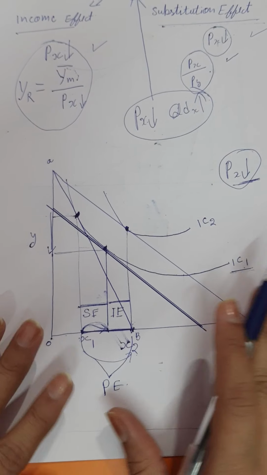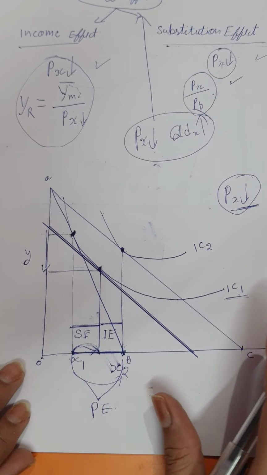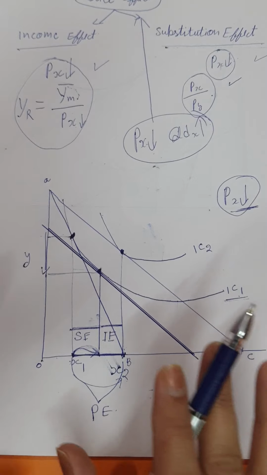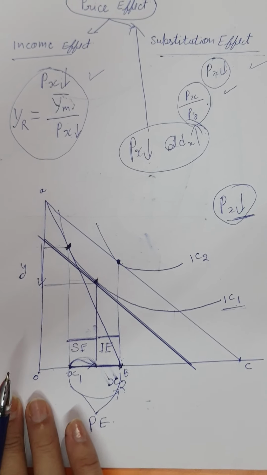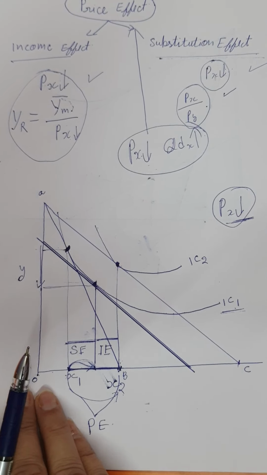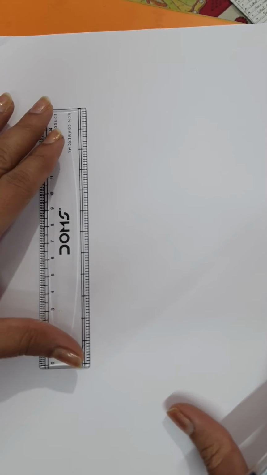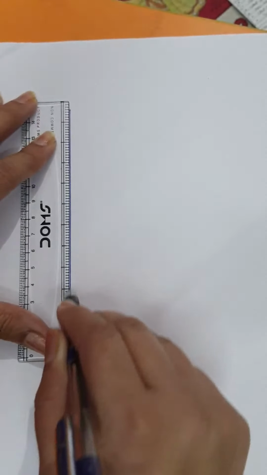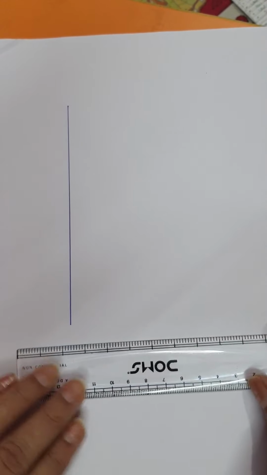Till now we were talking about whatever was told by Professor Hicks. So we were talking about what Hicks told us. Now next we will talk about the person Slutsky. He has also explained this thing in his own way, and he was allowing the consumer to buy even the previous level of satisfaction, means that particular point, and still the consumer is doing substitution.